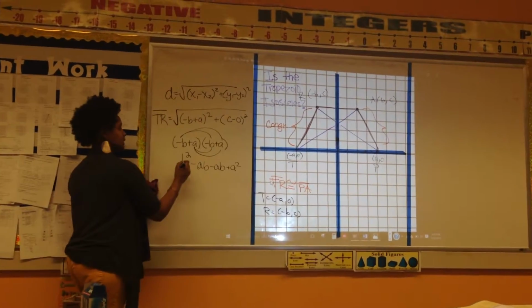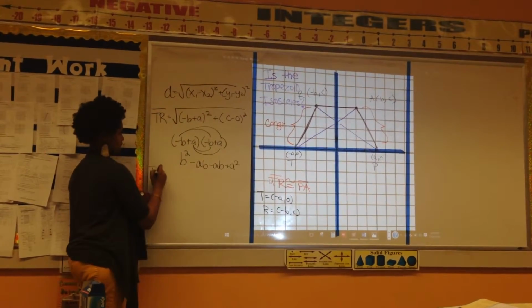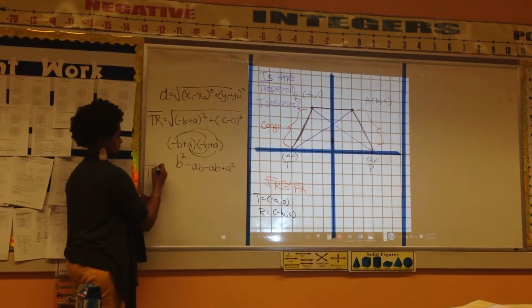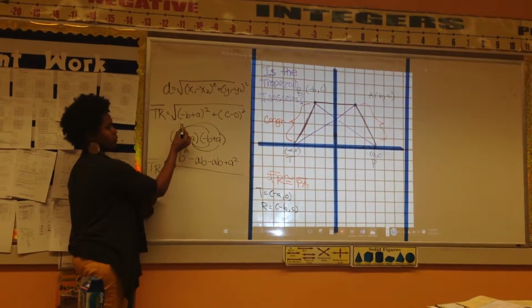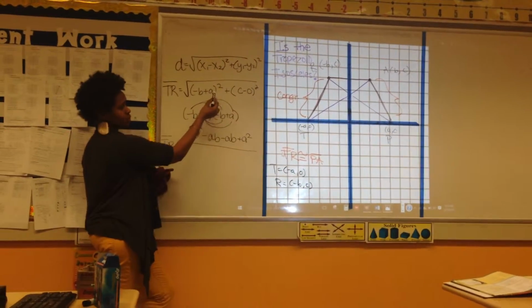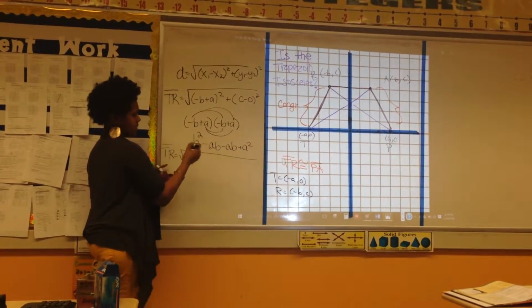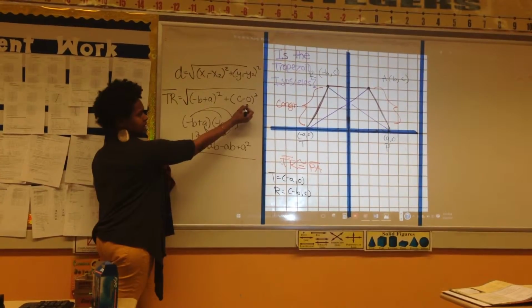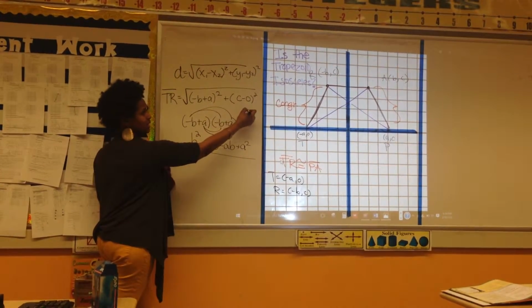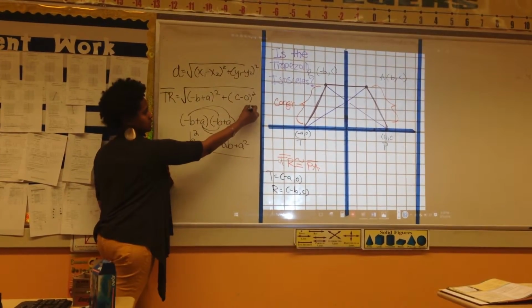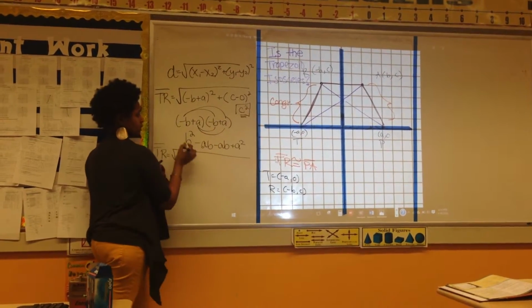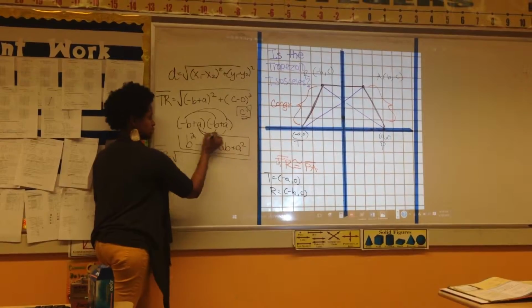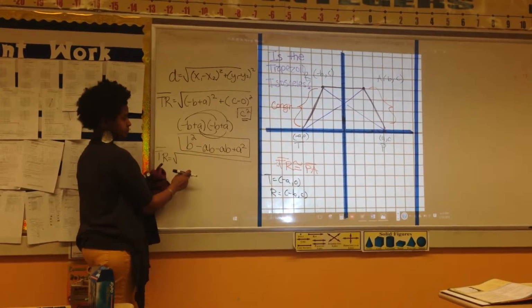So now this is the expression that matches this. I'm going to substitute that in. Segment TR is equal to the square root. Now remember, all I did was FOIL negative B plus A. Let me backtrack a second. C minus 0 is simply C, and C squared is just C squared. So now I'm going to rewrite it here.